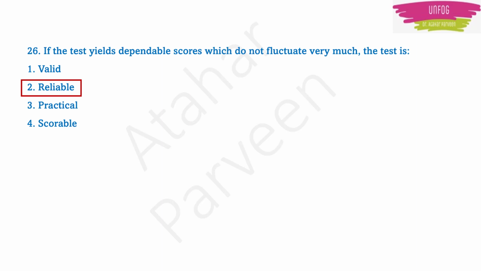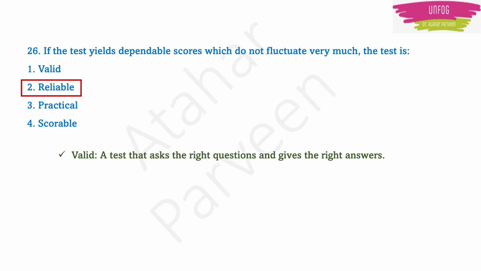Now if we see the other options, a valid test is that type of test which asks the right question and gives the right answer. Then we have the reliable test, which I already told you is a test on which you can depend, because it gives the same result every time you take it. That's why it is called a reliable test.